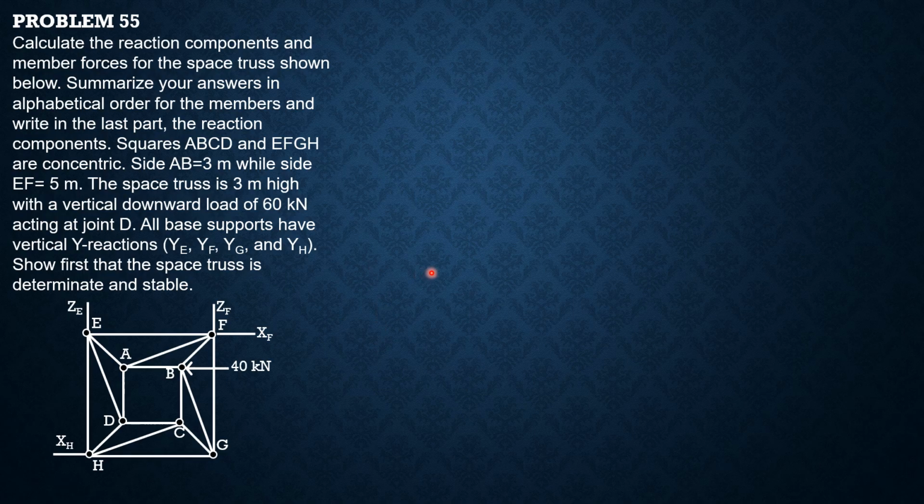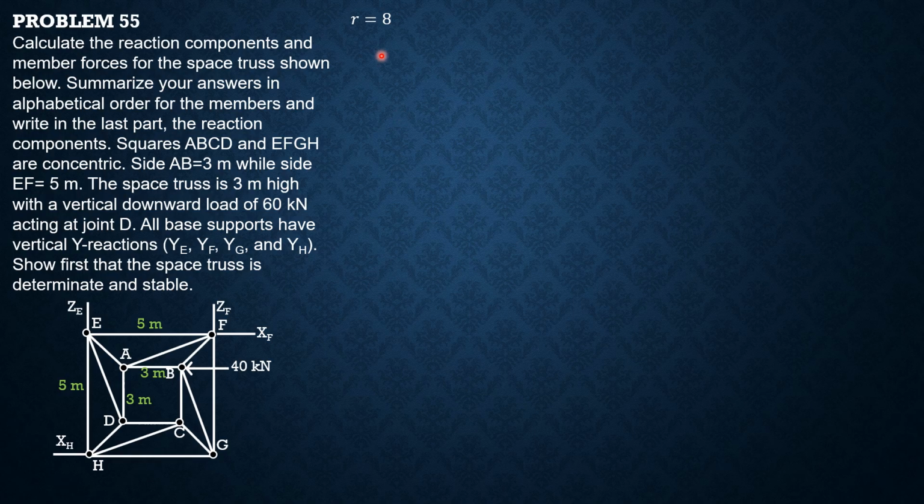So first, for the reaction components, 4 vertical reaction components plus 1, 2, 3, 4 horizontal, so that makes it 8. Then for the bars, 4 outer, 4 at the top, and 2, 4, 6, 8, so 16.